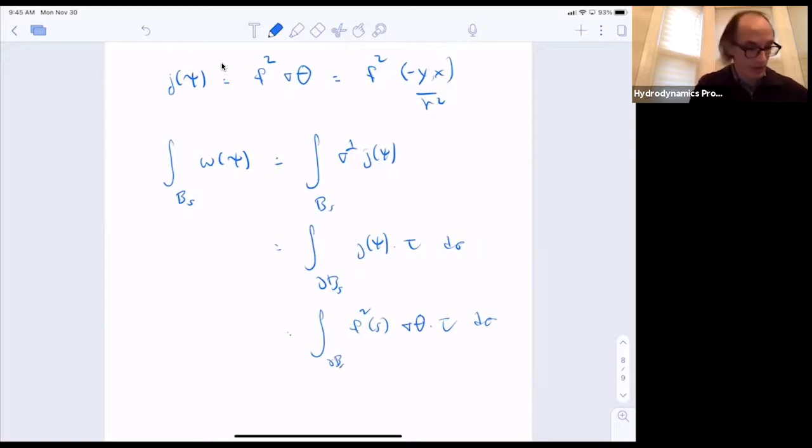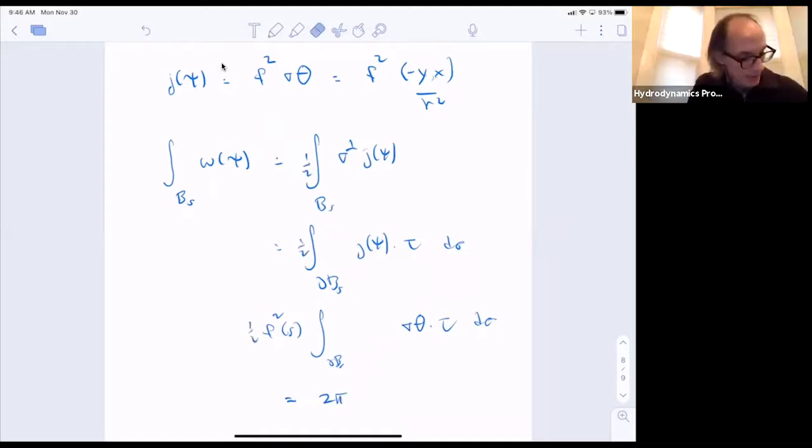So this F squared I can bring outside because it's a constant here, it depends only on S. And so this is then 2 pi. I'm sorry, there's a factor of a half here, isn't there?